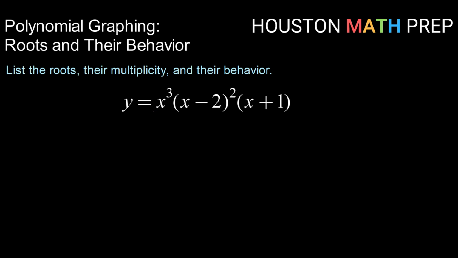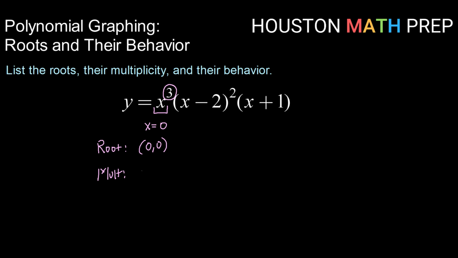We're going to get each root by taking the factor and setting it equal to 0. So in this case, we get x equals 0, which translates to an x-intercept or a root of (0, 0). For our multiplicity, we always look at the exponent of that factor.